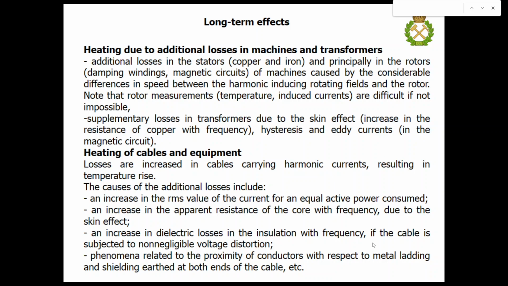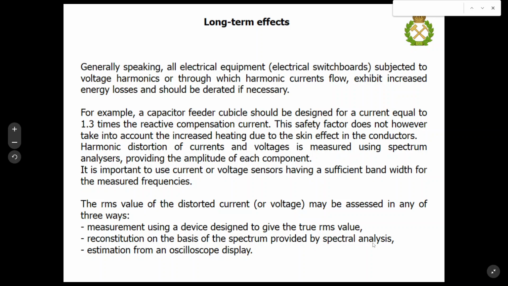Also, such effects are connected with the increase in the electric losses in the insulation with frequency in cables, in transformers, and also in capacitor banks.